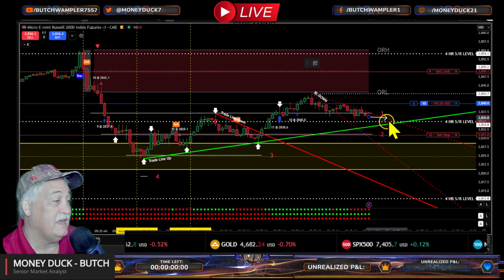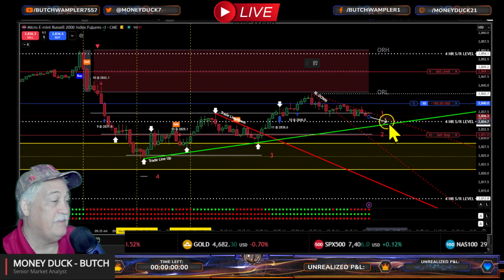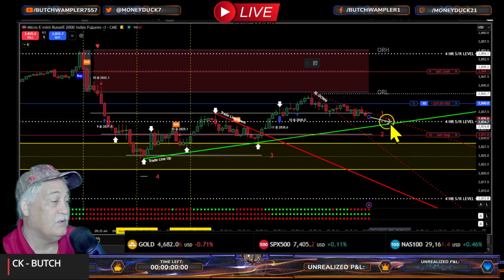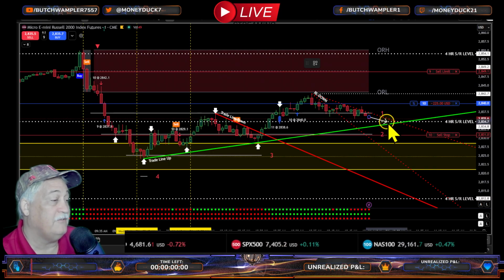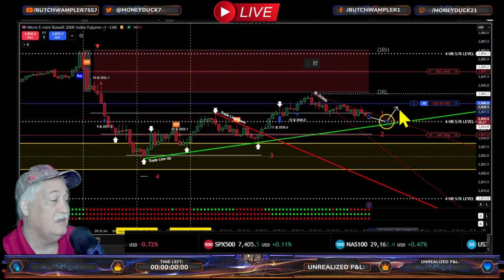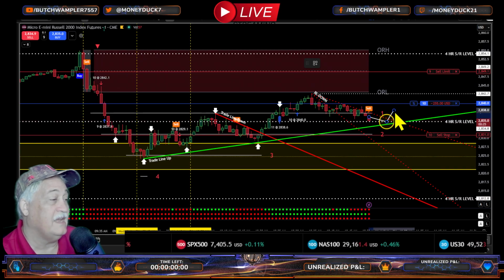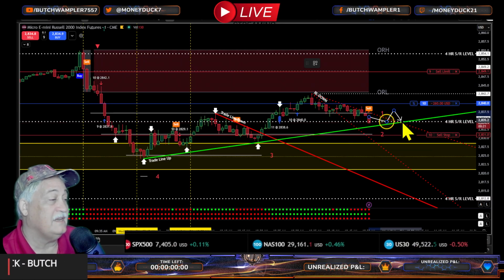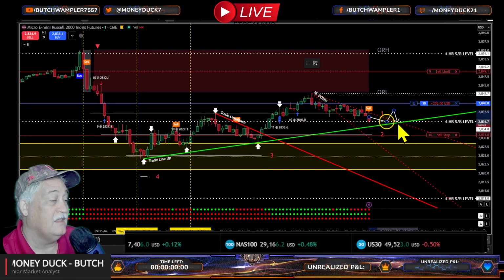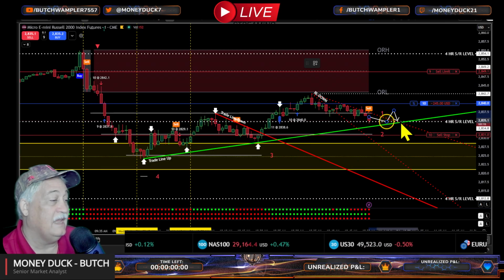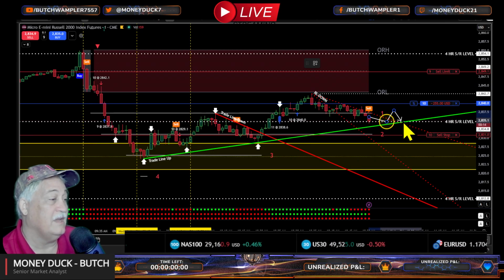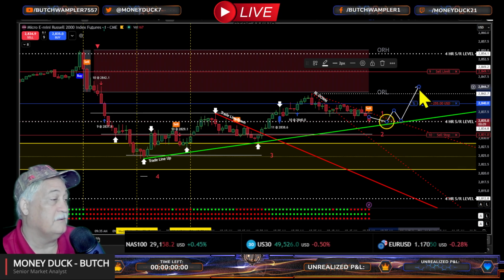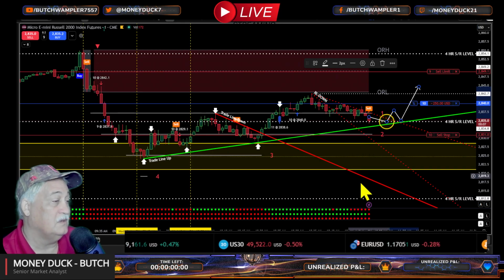It could bounce off the 4-hour level, and we also have the green trend line. So we have some strong support there. That's if it does that, okay?